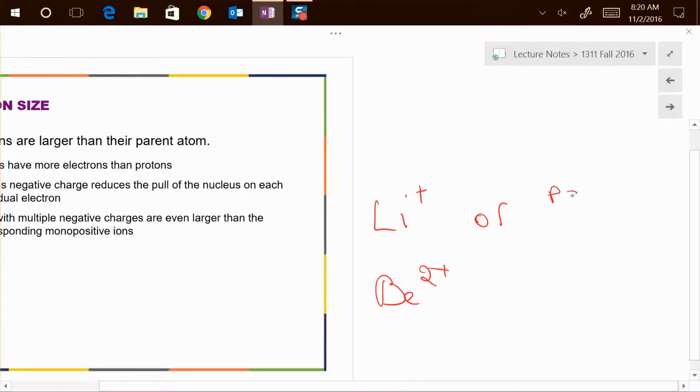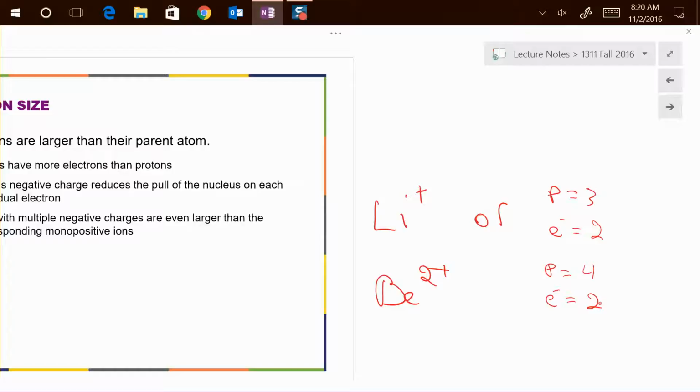3, right? How many electrons do we have for lithium? 2. Beryllium has how many protons? 4. How many electrons? 2. When it's Be2 plus, who's going to pull the electrons tighter? Be2 plus.